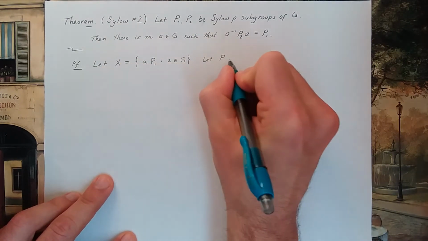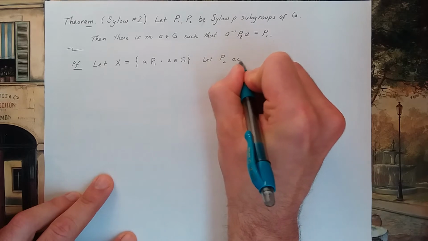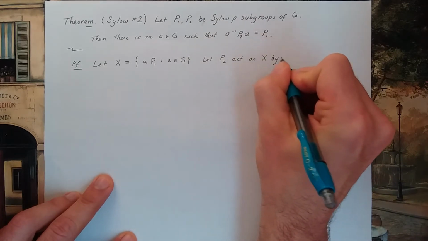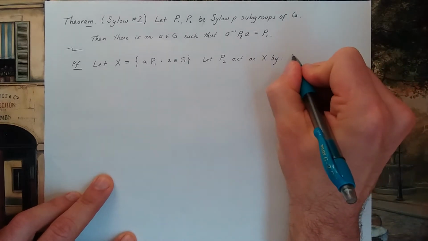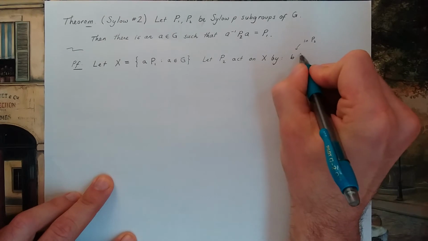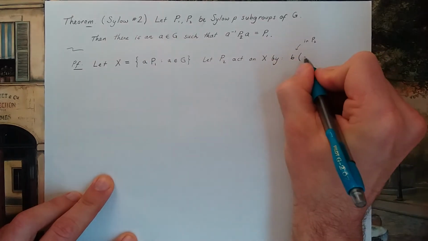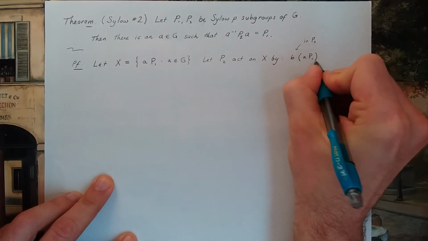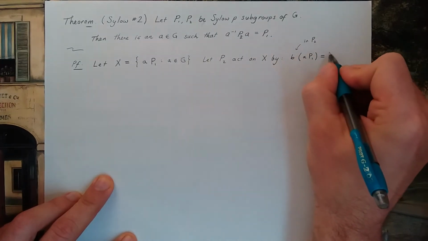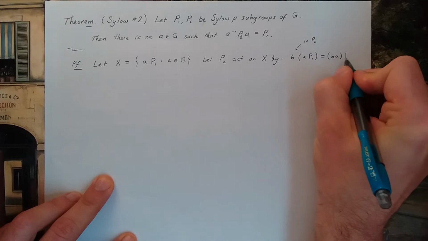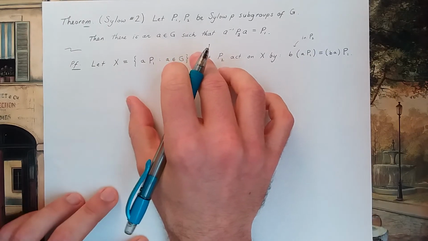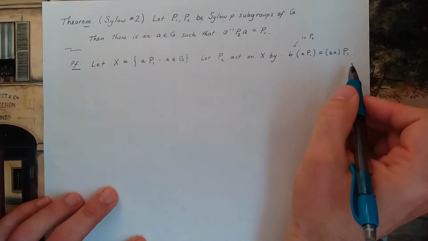Let P2 act on X by this method. If I take an element b in P2, and I take a left coset in X, so aP1, then I'm going to define this group action to be baP1. So a perfectly valid group action.